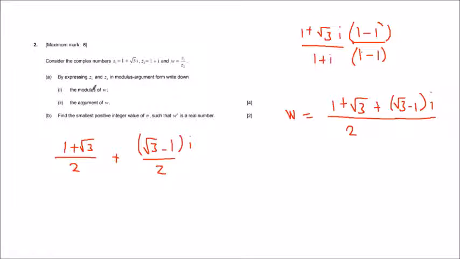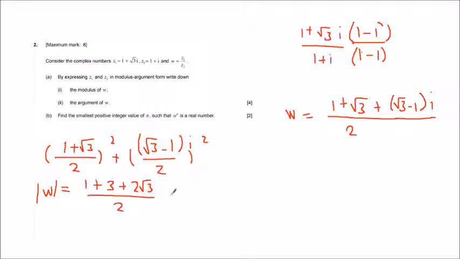So how do you find a modulus? First of all, to find the modulus of w, you need to square the a and the b term. So square this and square this, and then add them together. So what's going to happen is this is going to be 1 plus 3 plus 2 square root of 3, and I might actually get some of this wrong. I'm just human.